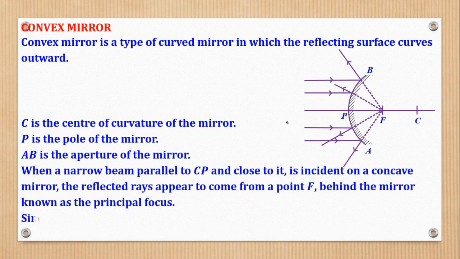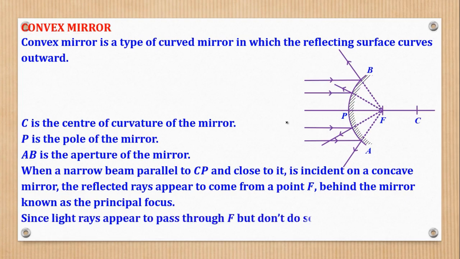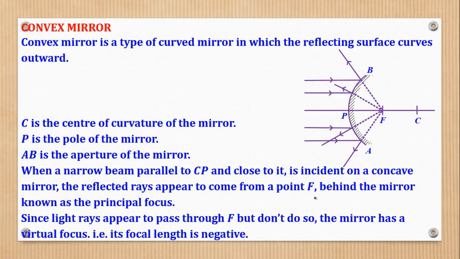Now what does that imply when it comes to calculations? It implies that it has a virtual focus, and therefore the focal length will be negative. So each time it comes to convex mirrors, the focal length has to be negative.